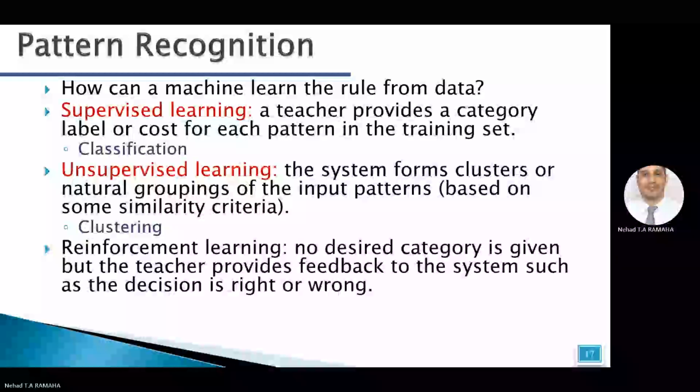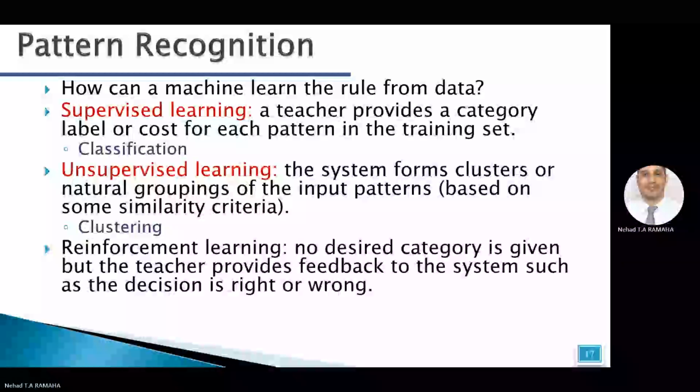Then, after we teach the machine, it has something called a classifier. Next time, if we have a new MRI image, we give it to the machine. The machine will extract the features from the image, and depending on the similarity, it will classify it into a category, the categories that we already told the machine about.